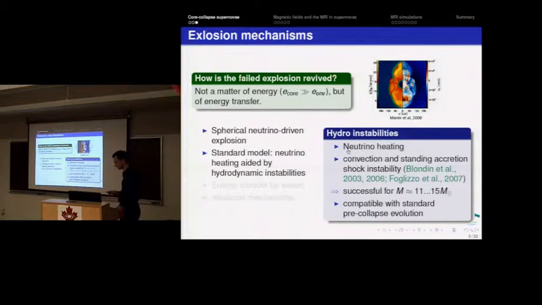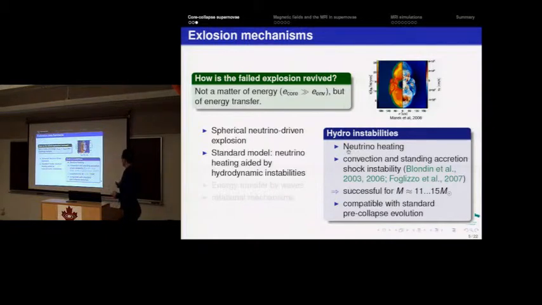So the work that has been done on arguing for a linear instability has either made some very drastic simplifications of physics, or there's been a very strong assumption about how rapidly the neutrino sphere is contracting. Anyway.